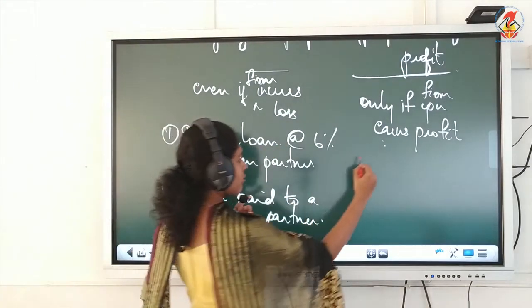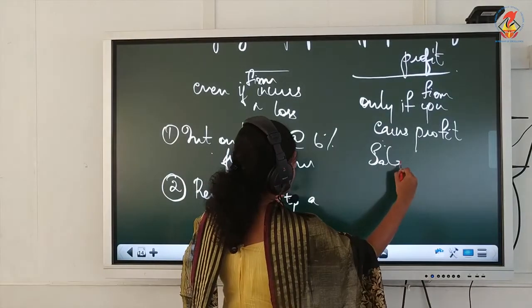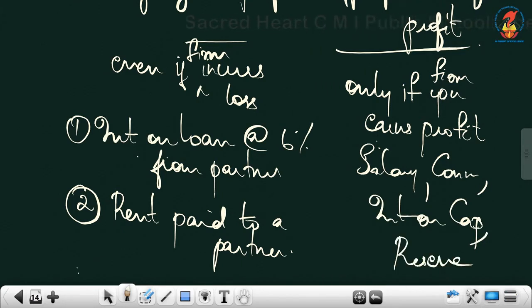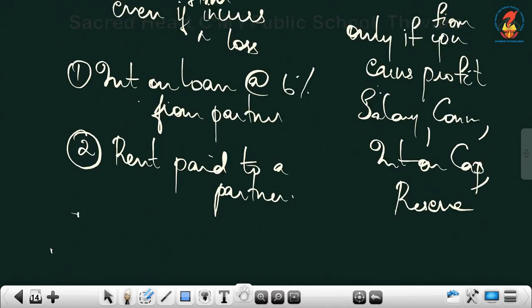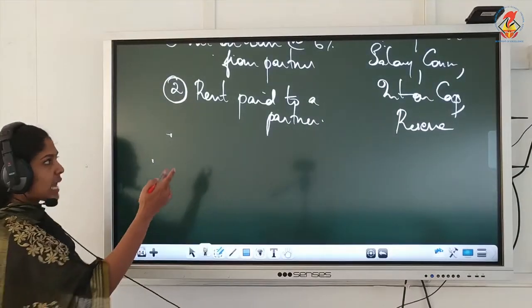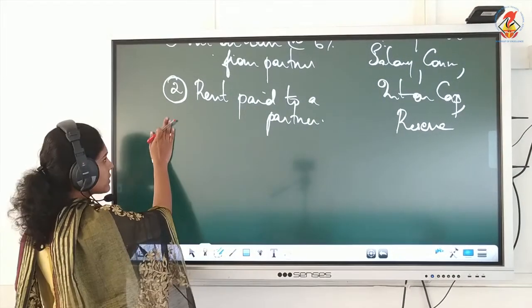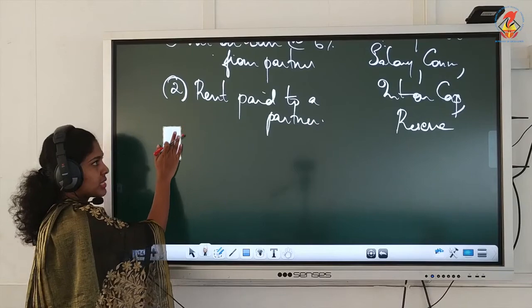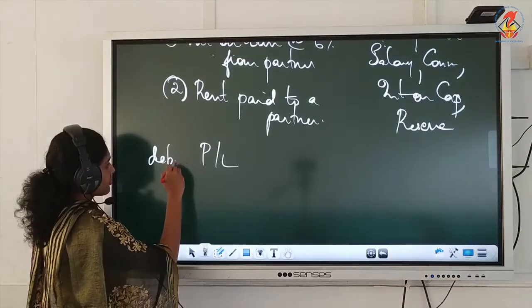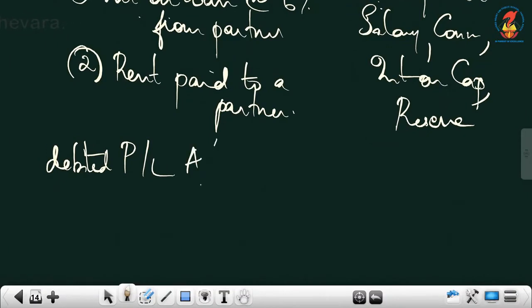Whereas under appropriation of profit, we already saw that format. We have salary, commission, interest on capital, transfer to reserves; all these you do only if you have a profit. Now all the items which are charged against profit, which should be compulsorily paid, will be debited to the P&L account.